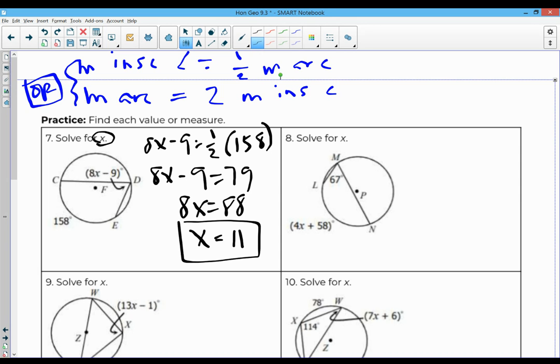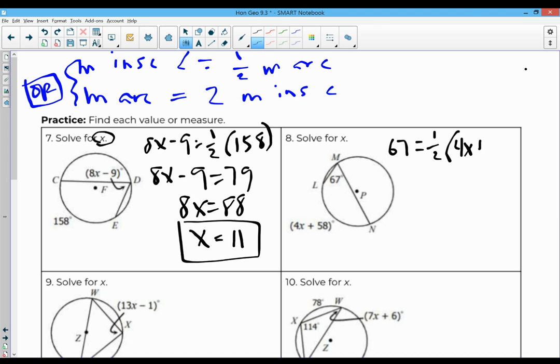I have my inscribed angle, and I have my intercepting arc measure. So the measure of my inscribed angle is half the measure of its intercepting arc. So now I'm doing the algebra on the one-half of the algebraic expression.